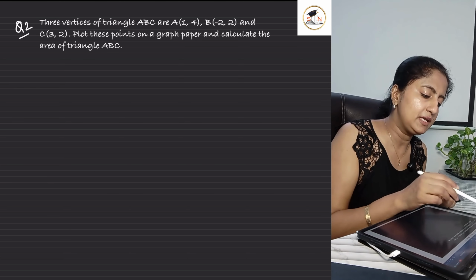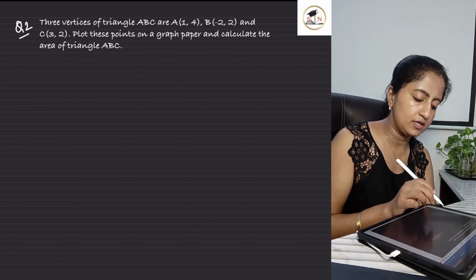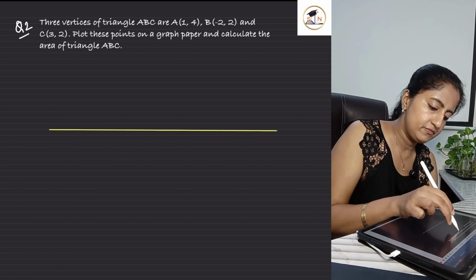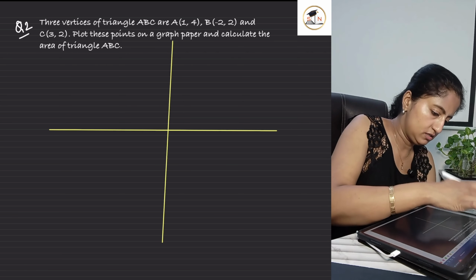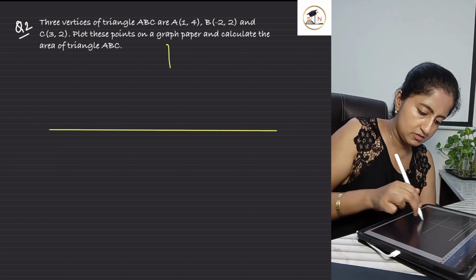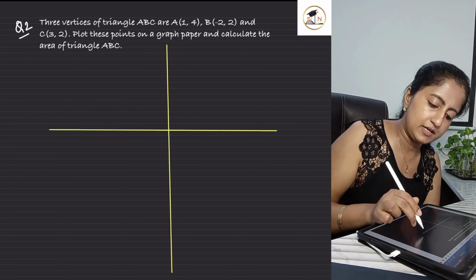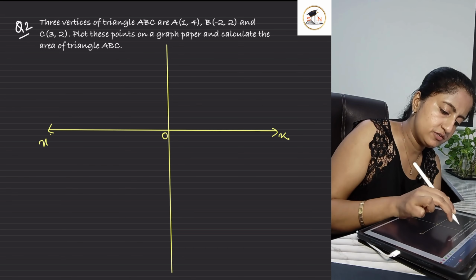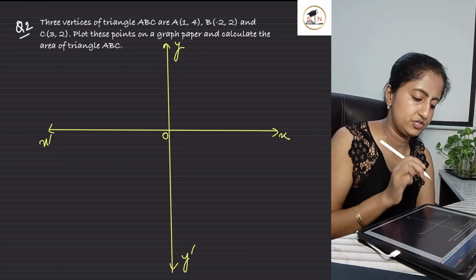So now I'll be making the Cartesian plane quickly. In detail, I had already taught it in the previous question. So making the x-axis over here, y-axis over here, it was slightly tilted, need to redo. Okay, right. So now we will quickly mark everything. X, O, X dash, Y, O, and Y dash, right?